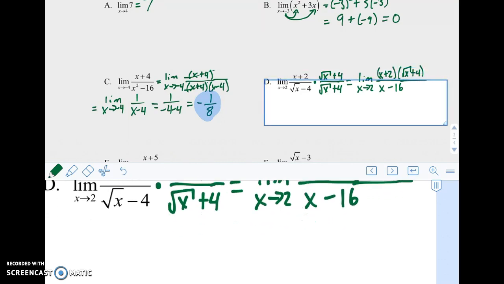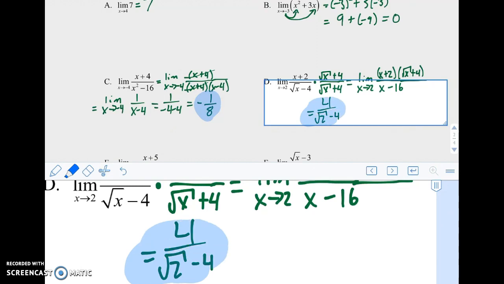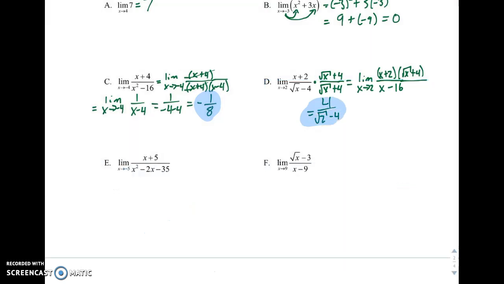When you plug in 2, this will equal 4 over the square root of 2 minus 4, when you simplify. Plug in and simplify. Okay, so that's rationalizing the denominator. You can do the same thing for part F.